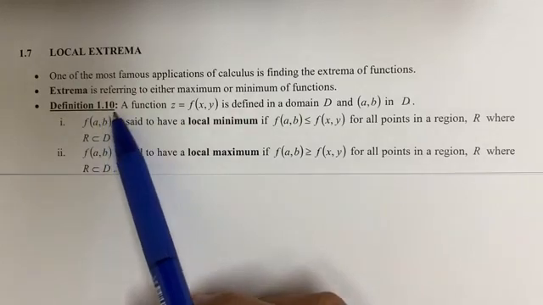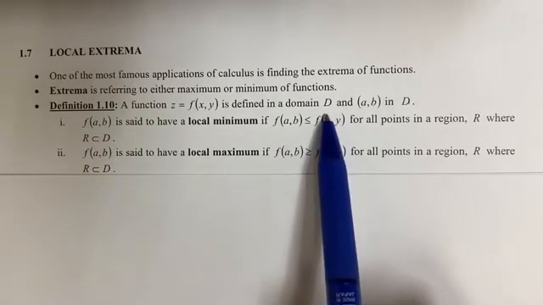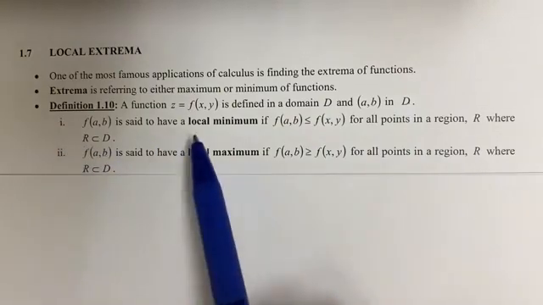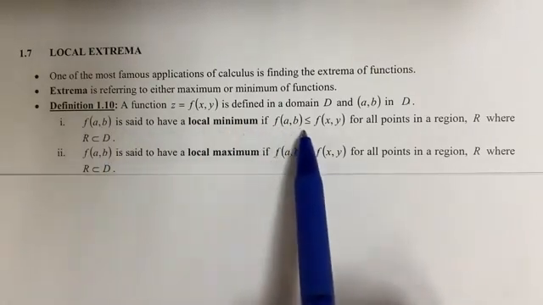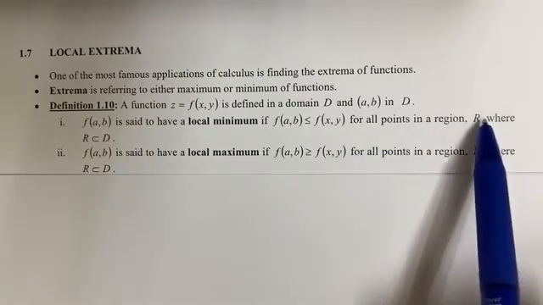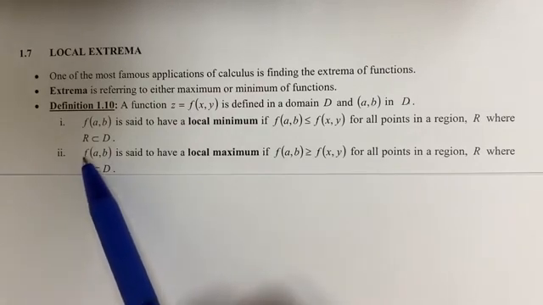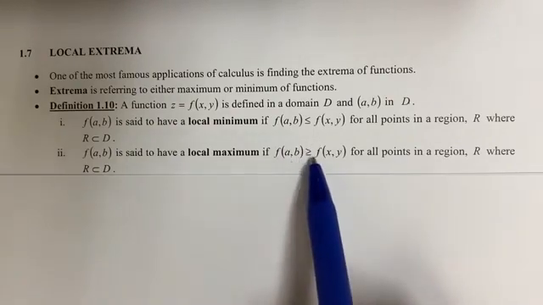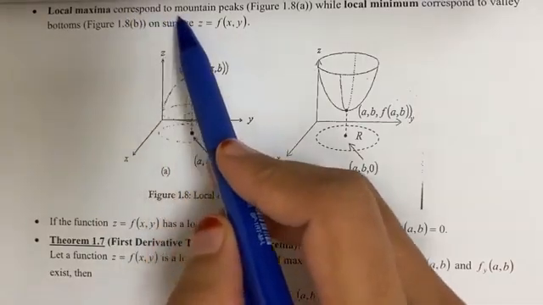Definition 1.10: a function z = f(x,y) is defined in a domain D and point (a, b) is in domain D. First, local minimum is when f(a,b) is less than or equal to f(x,y) for all points in a region R, where R is a subset of D. And second, this is the definition of local maximum: f(a,b) greater than or equal to f(x,y). Local maximum corresponds to mountain peaks.